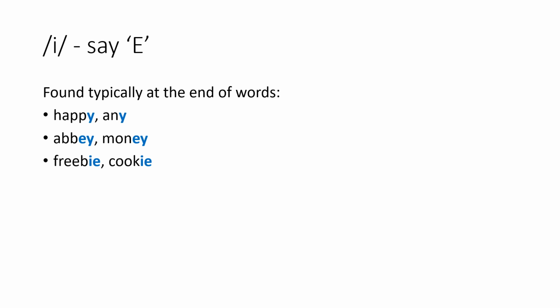For example, in words ending with the letter Y, like happy and any. In words ending with the letters EY, like Abby and money. And in words ending with the letters IE, like freebie and cookie.